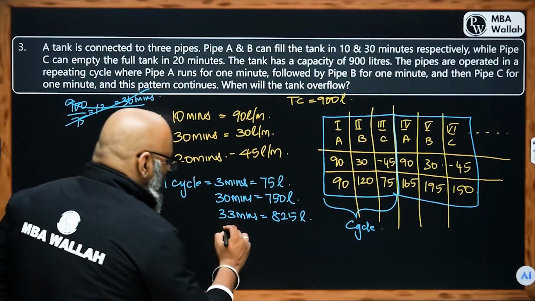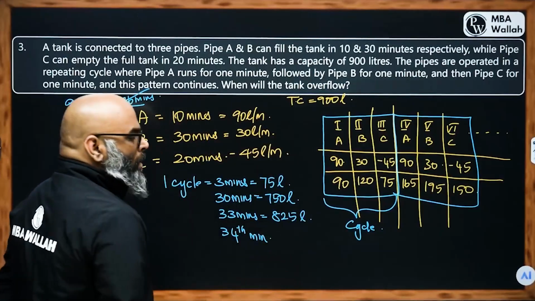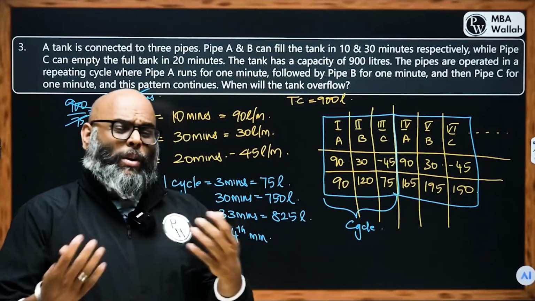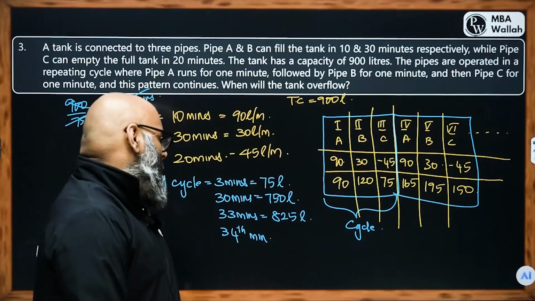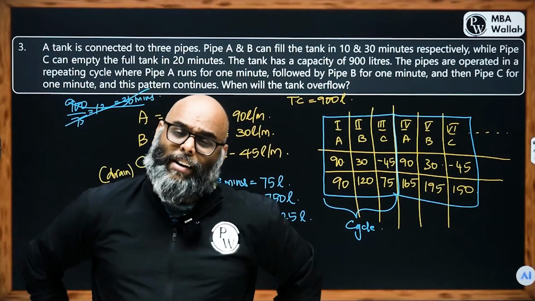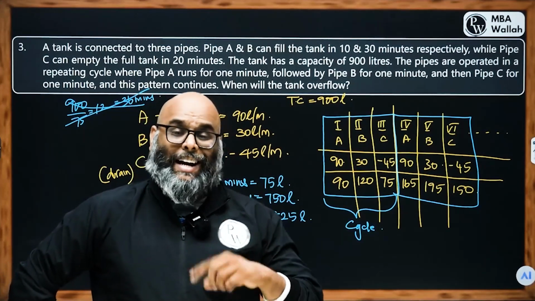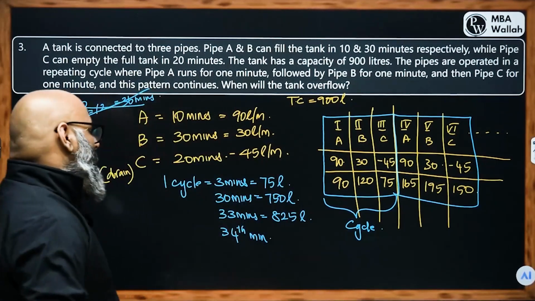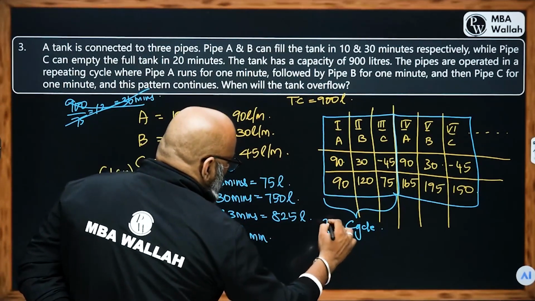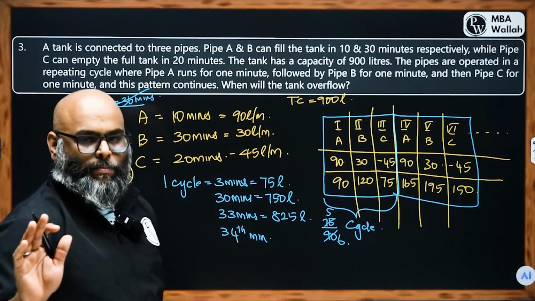Now notice that in the 34th minute, who will be open? The first minute of a cycle, it will be A. A would give me 90 liters, but my tank is already at 825 liters. So it's only 75 liters needed. 1 minute gives 90 liters, so for 75 liters, that will be 75 by 90. 5/6 of a minute is enough.